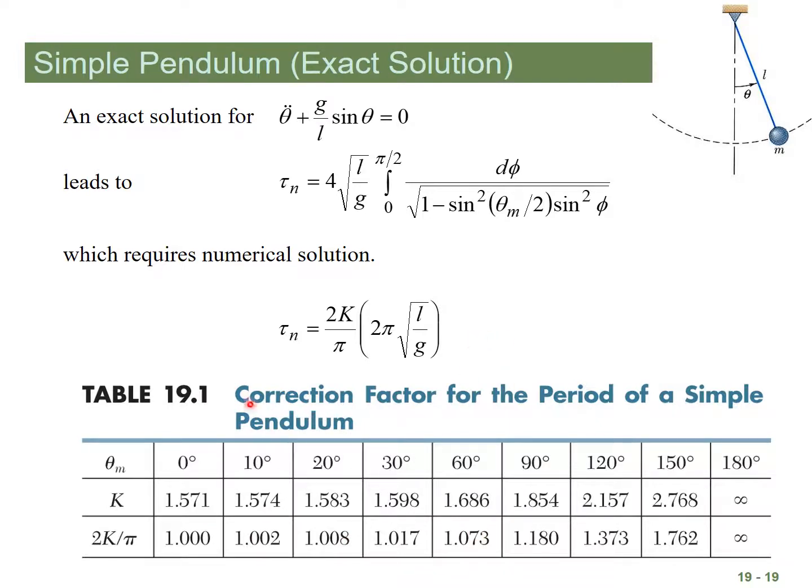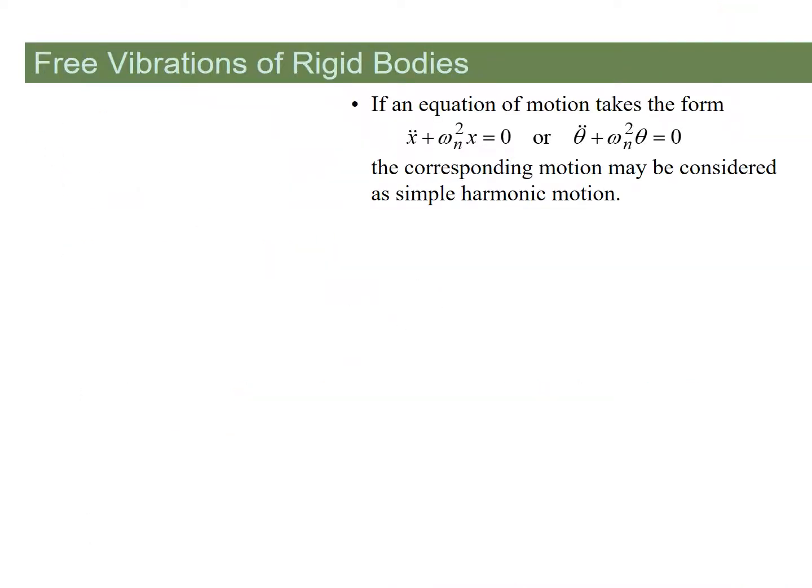And so you can just look up correction factors in your table for this case rather than trying to walk through differential equations to solve these things. Okay, so anything that starts in this form, whether you're looking at positions or angles, we're going to end up with some kind of sine or cosine solution that creates simple harmonic motion.